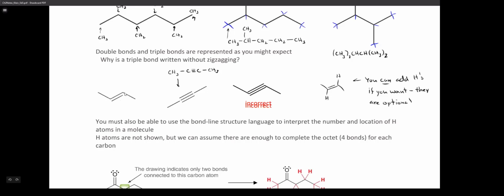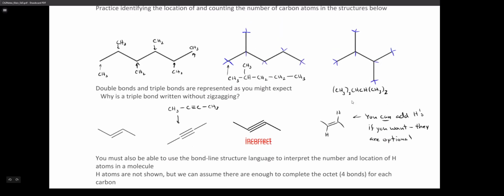Same thing here. Just because I say we leave them out doesn't mean they have to be left out. You may draw them in if you wish. Any questions so far on these guys?